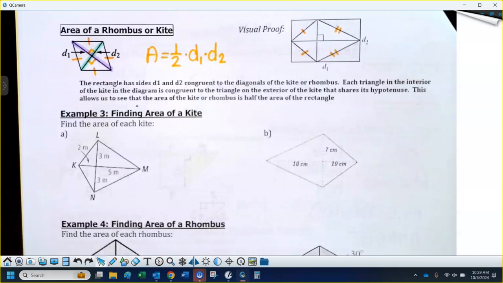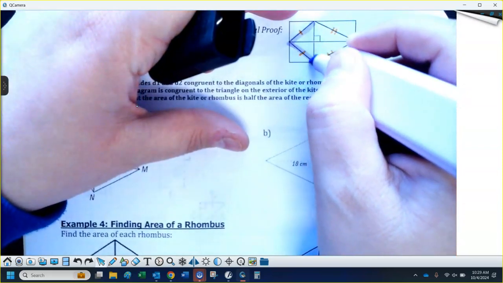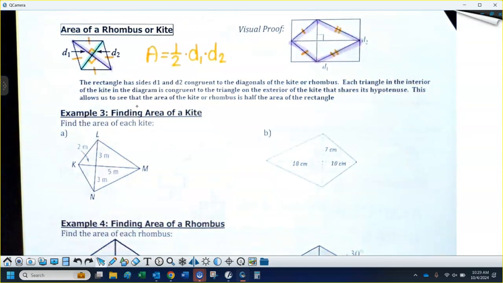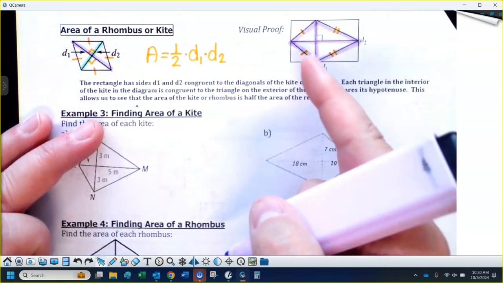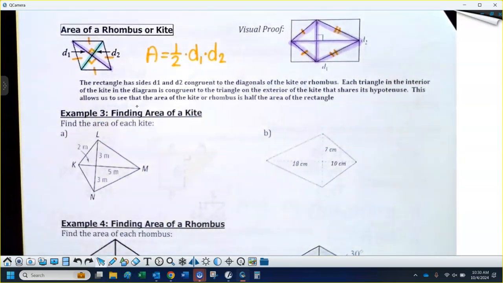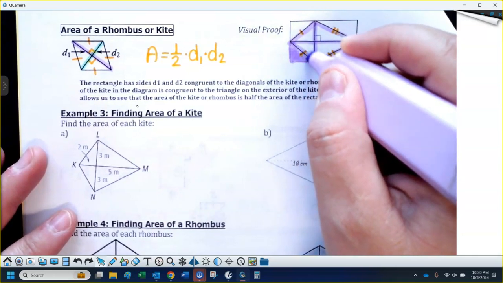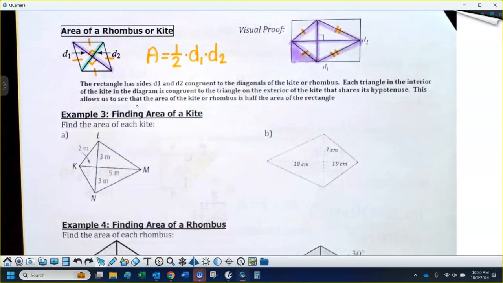Now, the reason that we cut it in half, let me show this to you guys. I'm going to come over here. This is a kite that has a rectangle around it. Within the kite, do you see there are 4 little rectangles inside the kite? In each corner, the triangle outside the kite that I just colored and the triangle right next to it inside the kite are identical.